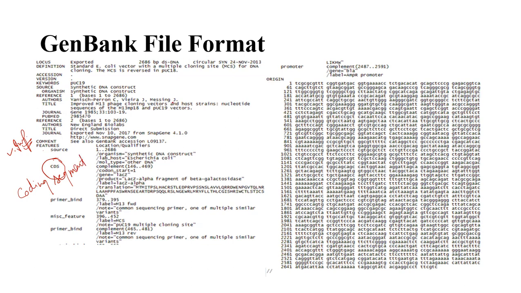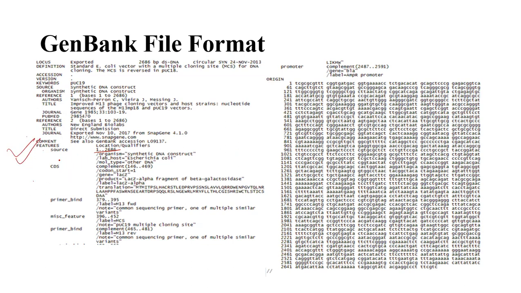This DNA is a synthetic one, so the size of the CDS is complete, 2686. Otherwise, if you look at some specific sequence, there may be multiple CDS with different lengths. You can find it out. If possible, I will show you after the end of this lecture how to see this.